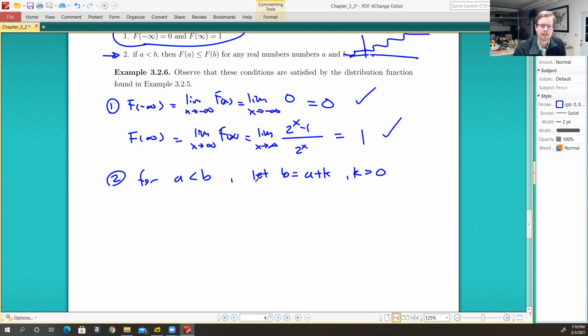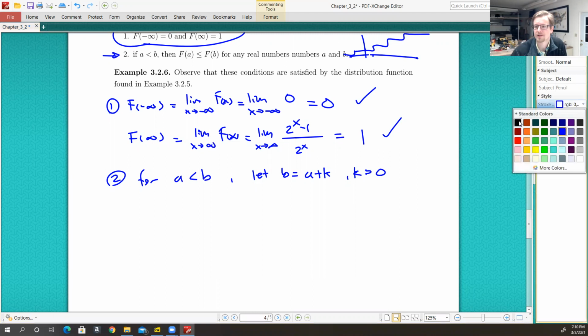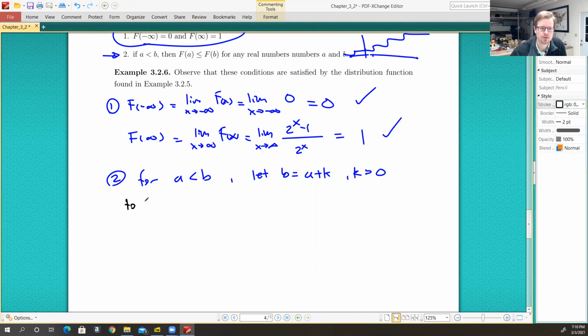So to show that it's increasing, we want to show that f of a divided by f of b, if I take a less than b, this thing should be getting larger.